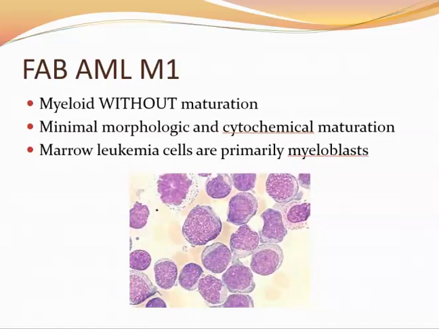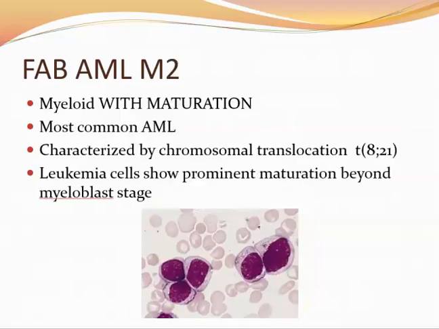Next is FAB AML M1. This is myeloid without maturation. You have minimal morphological and cytochemical maturation. Myeloid leukemia cells have primarily myeloblasts or blasts. Next is FAB AML M2. This is myeloid with maturation, and this is the most common AML classification for the FAB system.